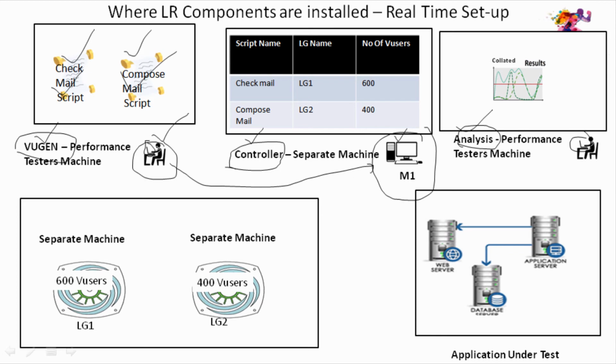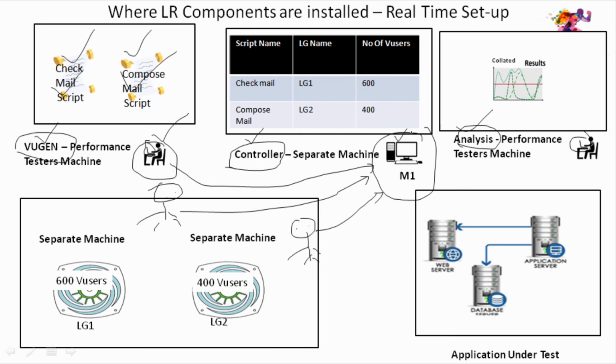By the way, in your company you are not the only performance tester. There could be other performance testers as well, and they have the rights to use this controller machine too. So let's say there are three performance testers in your company. All three have the rights to use this controller. This is the reason why you have to coordinate with each other to see who will be using this controller at what time.